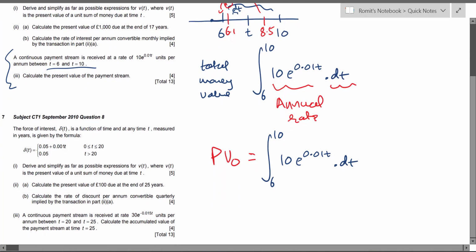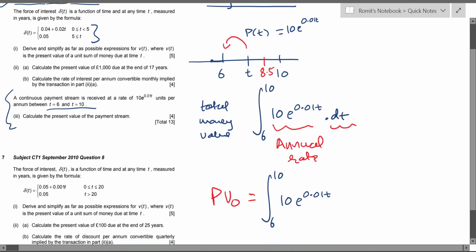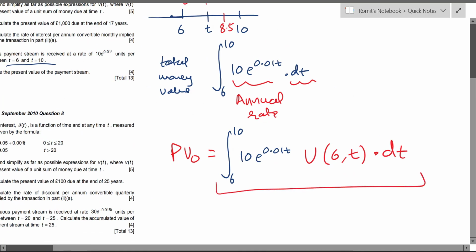So what will be the discounting factor from time t to time 6? t is a representative time. I want to discount from time t to time 6. It will just be v(6, t). This is the discount factor that I'll use. If I just consider this part, it gives me the present value at time 6 of this one payment of 10 e to the power of 0.01t times dt.